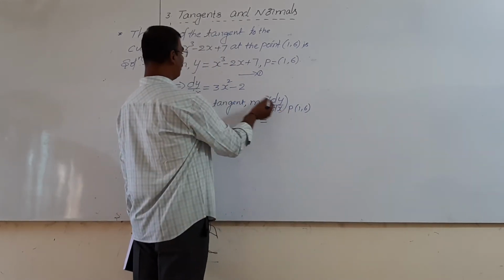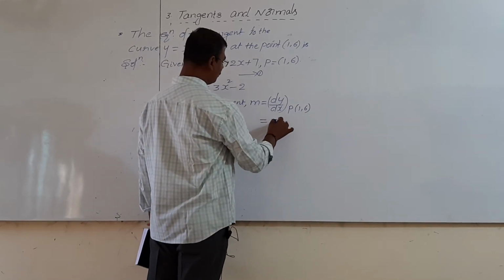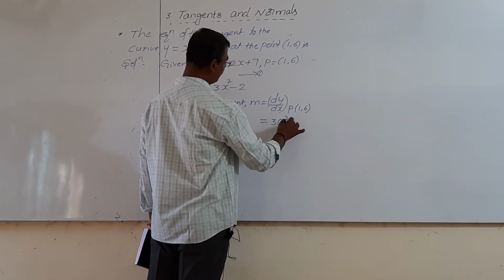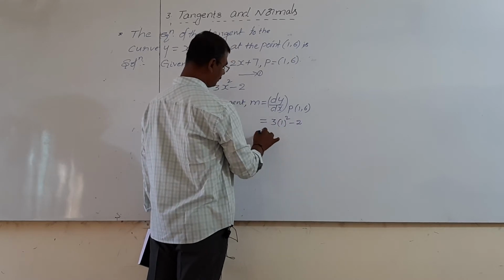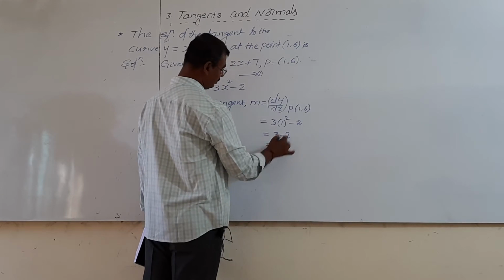Substitute (1, 6) here. So that is 3 into 1 squared minus 2, which is 3 minus 2, equal to 1.